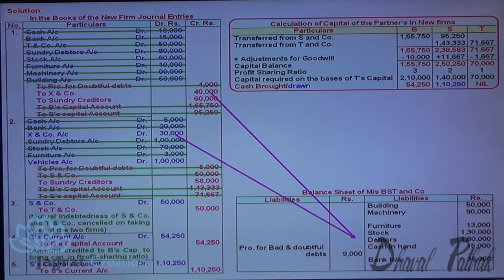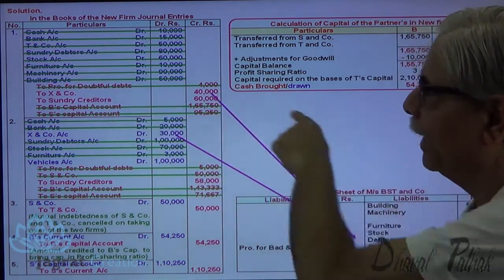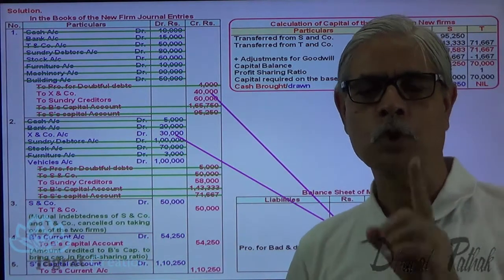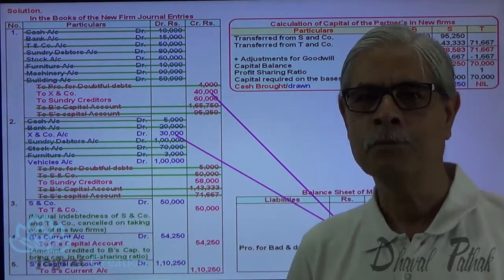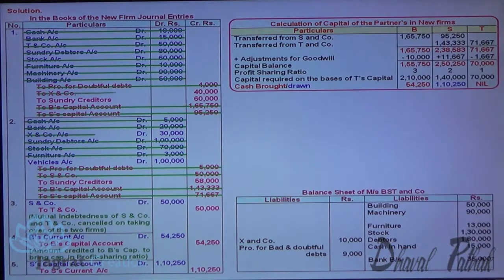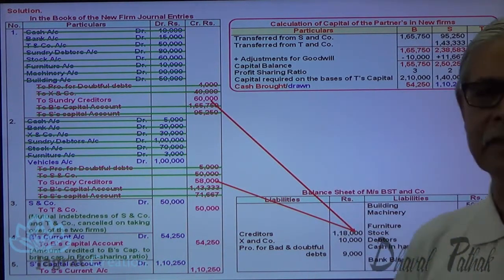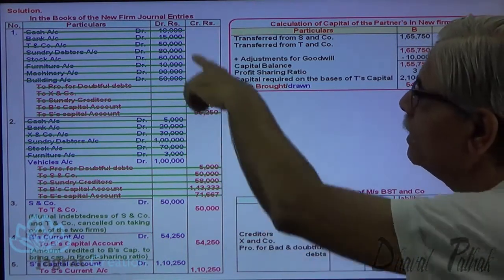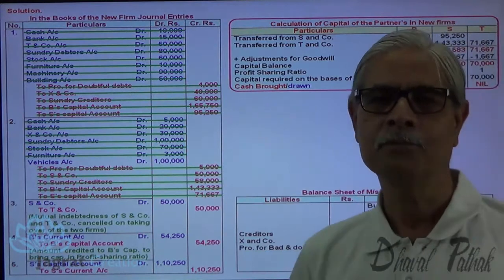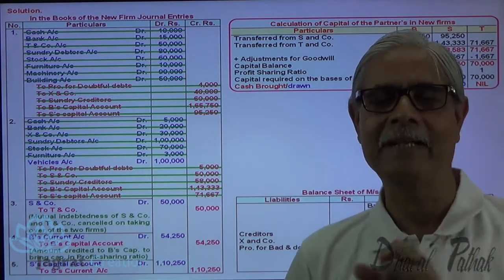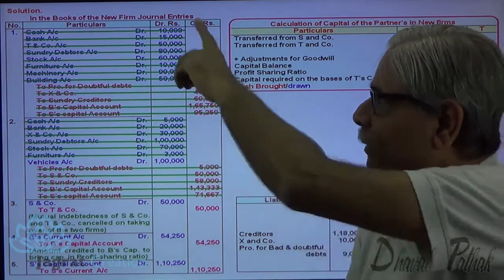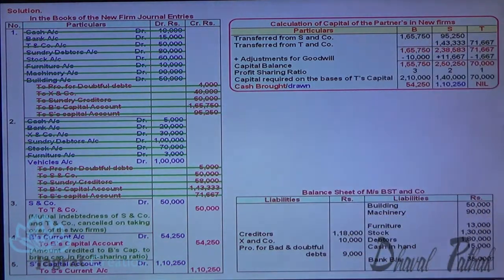So X and company: payable to X and company 40,000, recoverable from X and company 30,000. So the net amount is the payable amount 10,000. That will appear on the liability side. After that, let me write down the creditors. So creditors are 1,18,000, recorded here. After that, see, all these items are cancelled so that all the journal entry details are considered while preparing the balance sheet. Of course, after some time, I will remove all these cancellations.